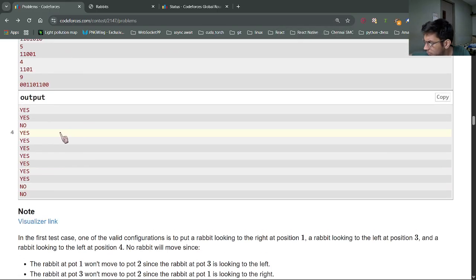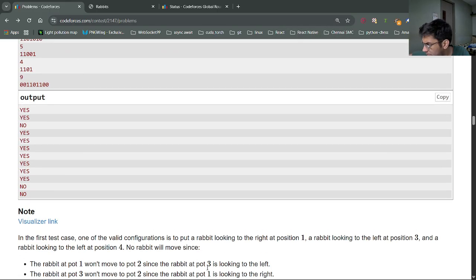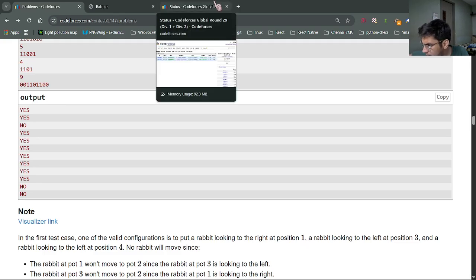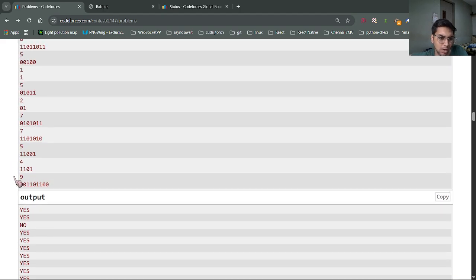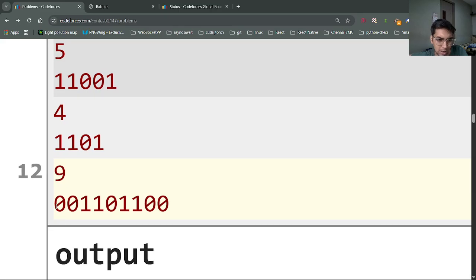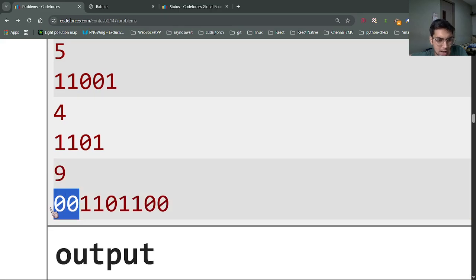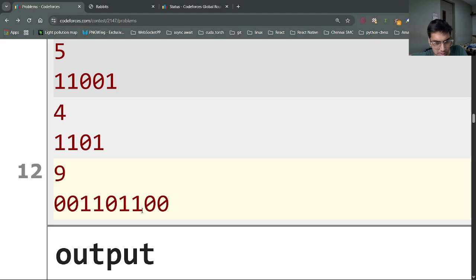How do I kind of make this possible to, if two zeros are together, right? मैं उनको भिड़वा दूंगा आपस में.